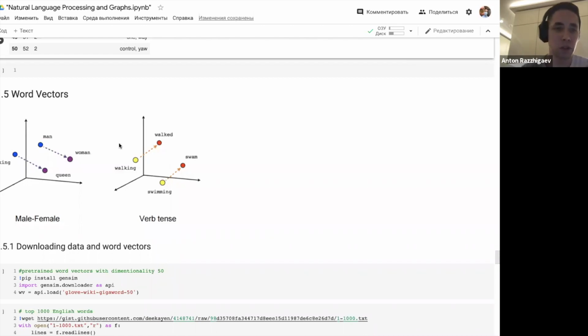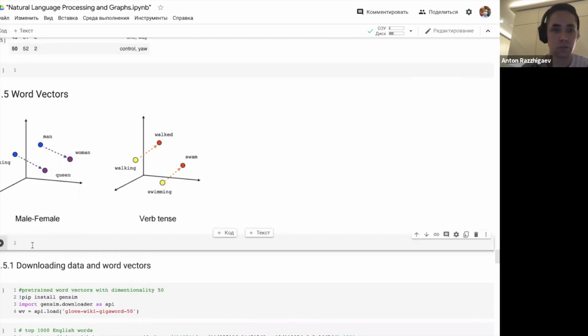As you can see on this picture, the difference of vectors king and queen is very similar to the difference of man and woman. So we can just make something like this: vector of man plus vector of queen minus king, we can obtain the vector of the word woman.